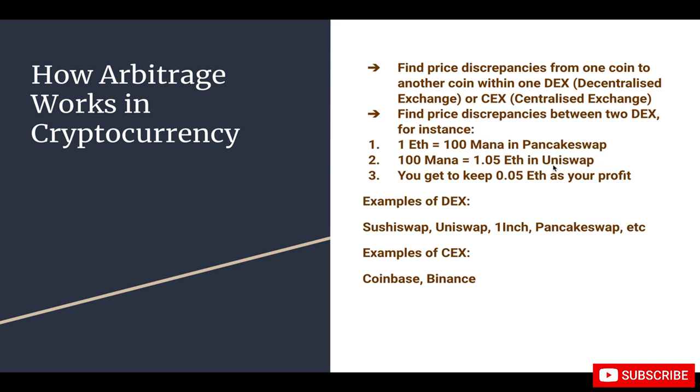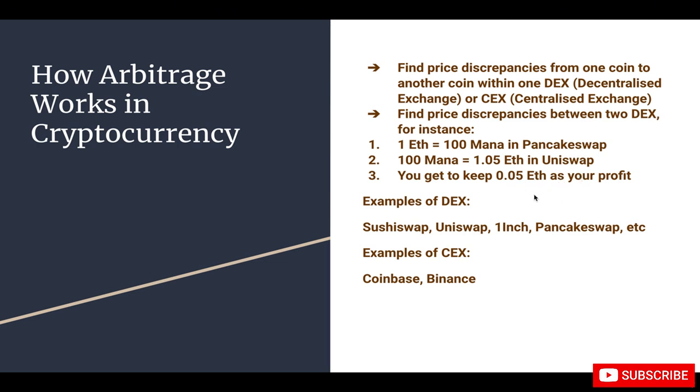Then you go to Uniswap, which is another decentralized exchange, and you sell your 100 MANA and get 1.05 Ethereum. Why? Because the conversion rate from MANA to Ethereum is a little bit higher on Uniswap, and that's how you get to keep 0.05 Ethereum as your profit, right? In other words, you get to keep 5% profit. So that's the second type of arbitrage.